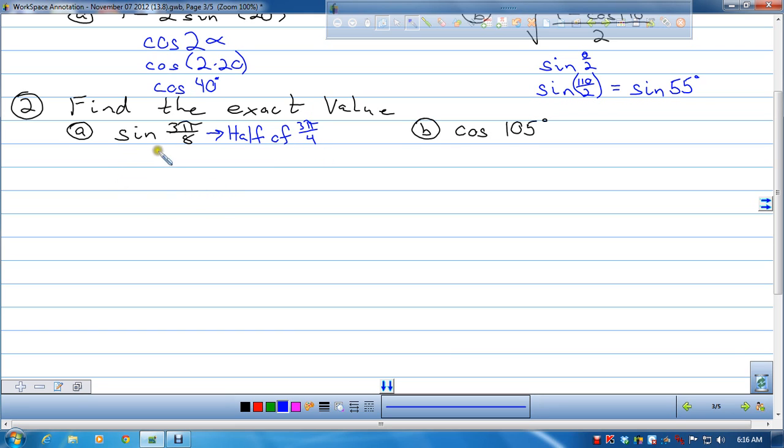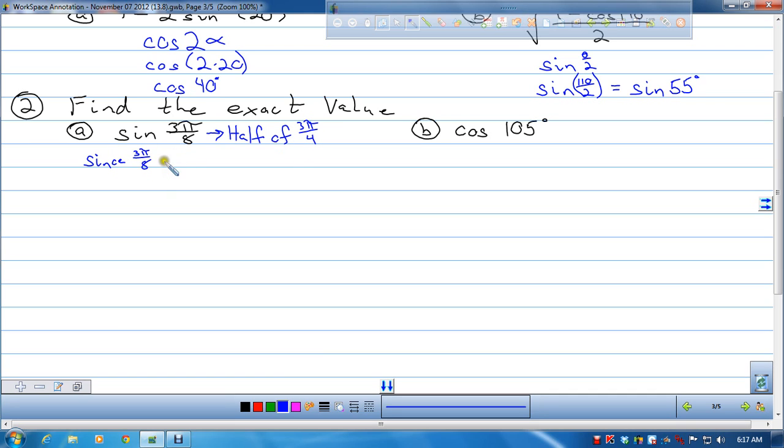Now, since I know I'm going to have positive or negative, I should try to establish the quadrant. Since the angle I'm looking for, 3 pi over 8, is half of 3/4 pi, then it is going to be in quadrant 1, because 3/4 pi is in quadrant 2, right?